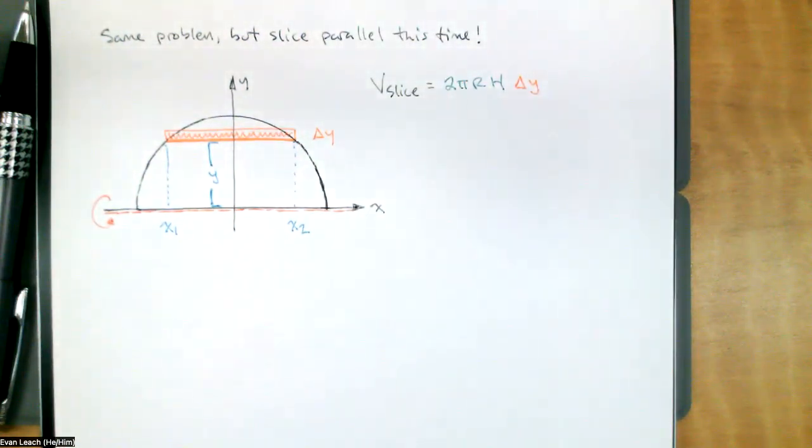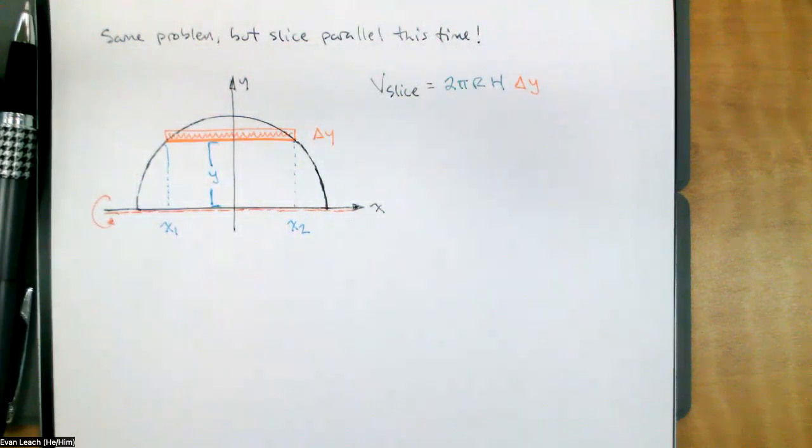Now that I know what I'm looking for, 2 pi radius times height times delta y, I need to go on to my picture and label what the radius is and what the height is for our slice. The radius always has to be measured from the axis of rotation to the slice.